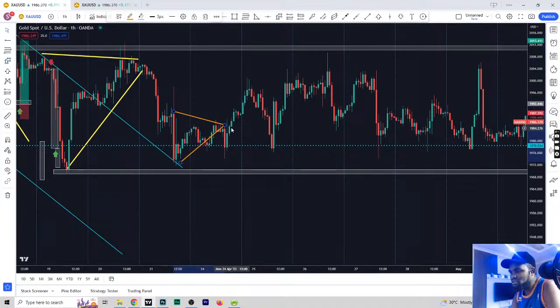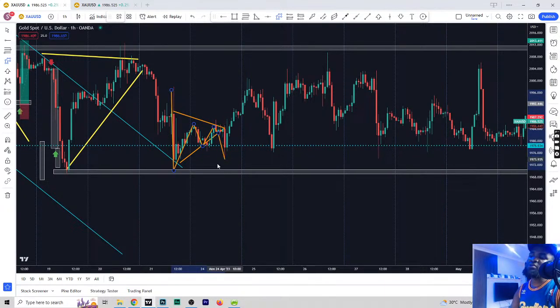After consolidating, we need to see the market either go up or go down. Going up is complex, going down is the simplest, and is where we are getting our buy entry.